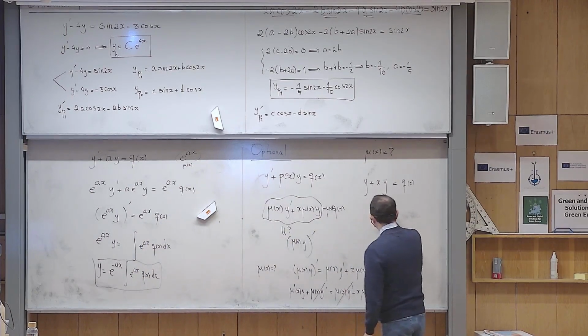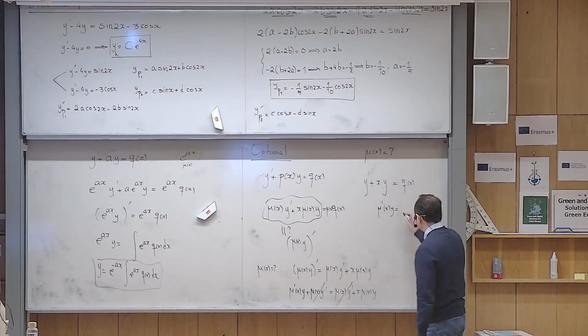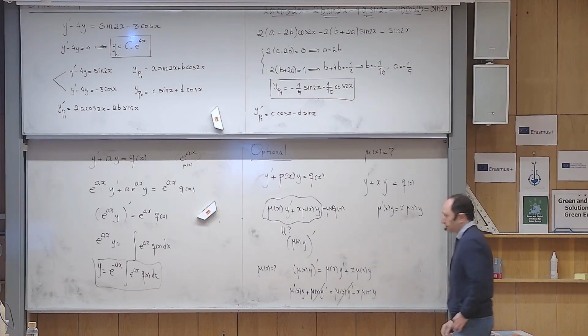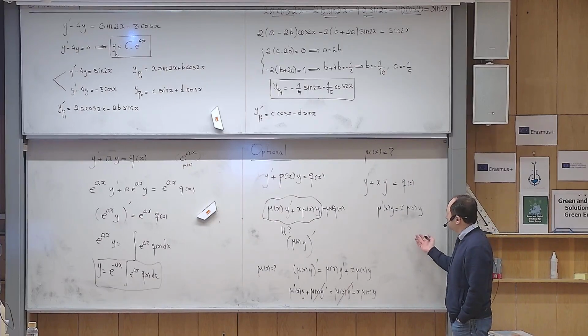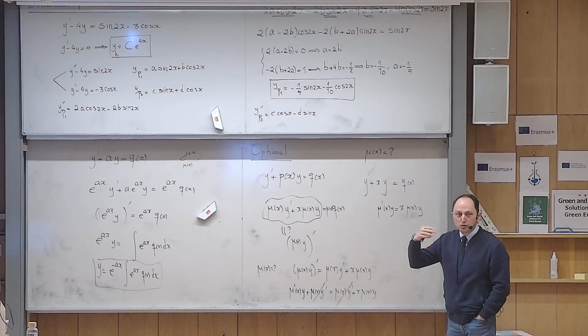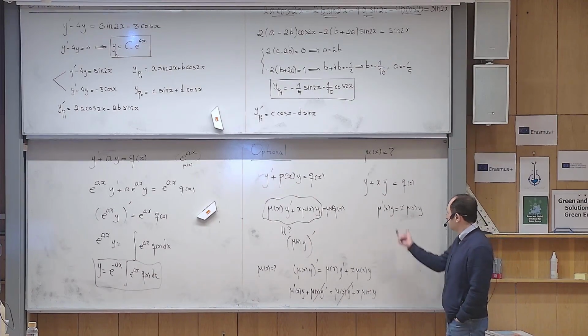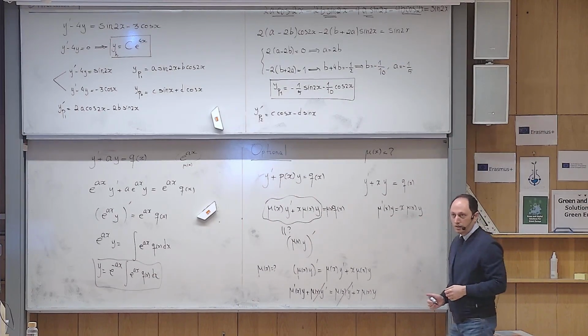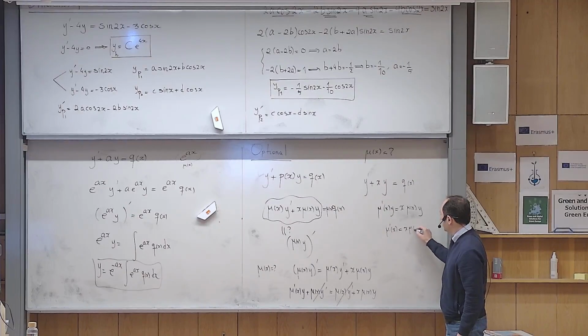So mu prime of x y is supposed to be equal to x mu of x y. Now we should just move to the other side? No, you don't need to, because I told you you don't need to find everything. You just need to find one that works. So y is the same as y here. So your question is, is it possible to find mu prime so that it becomes this?